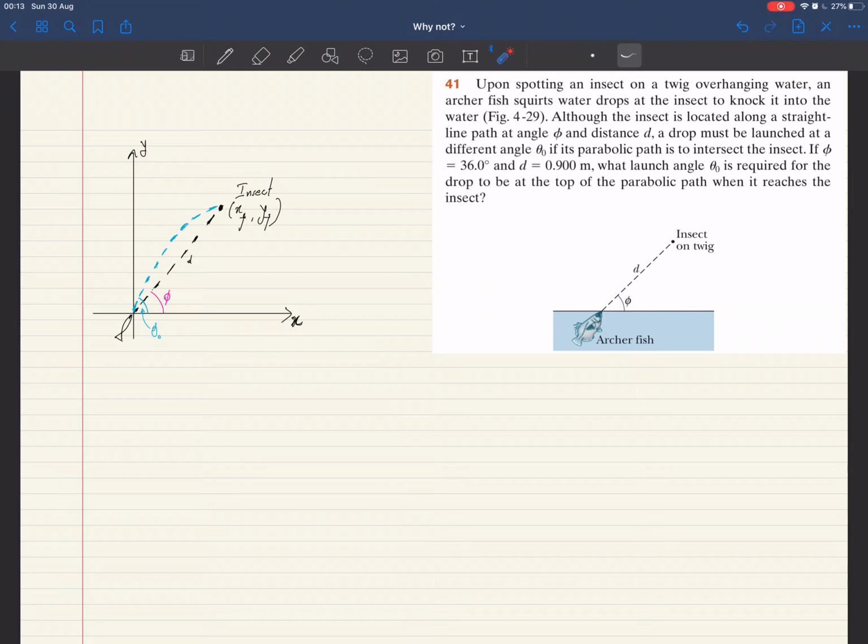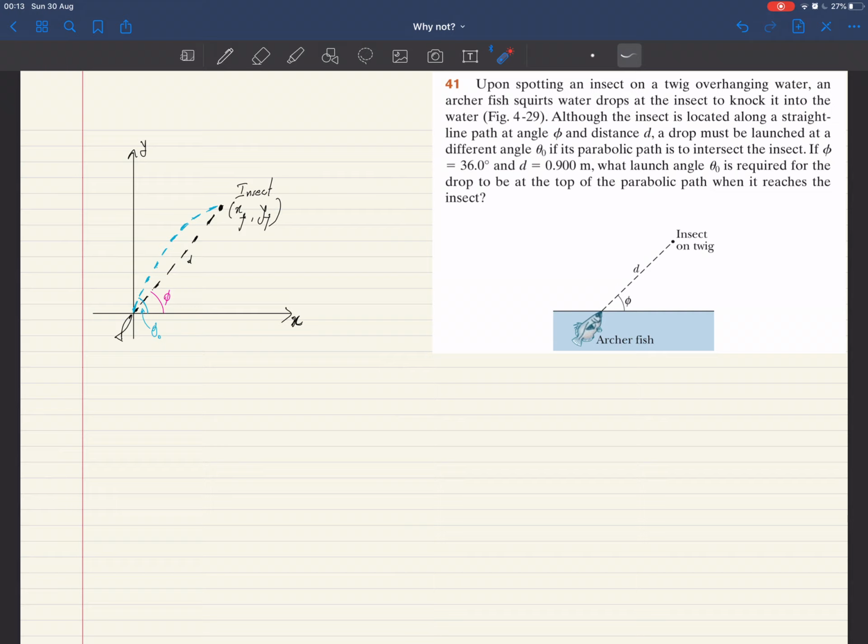So the fish must launch the water at an angle different from phi, and we have been instructed to call that launch angle theta 0.